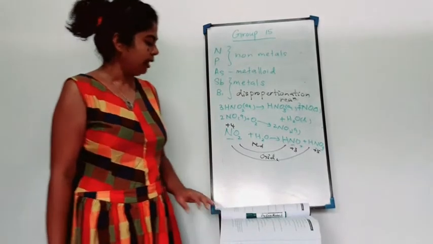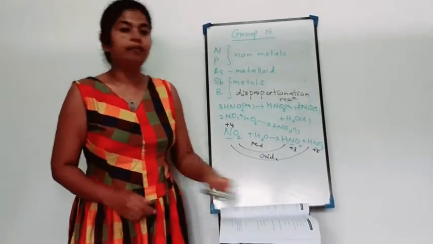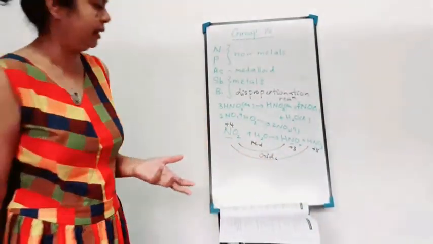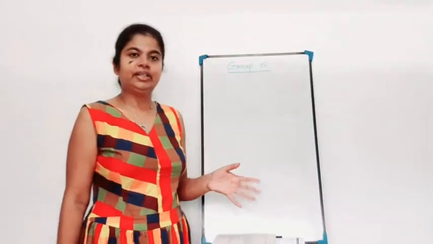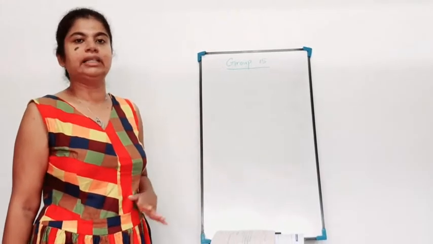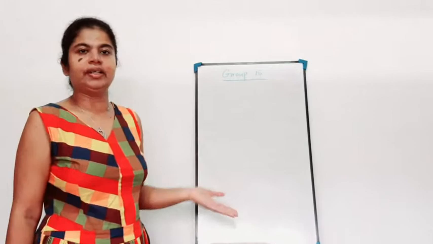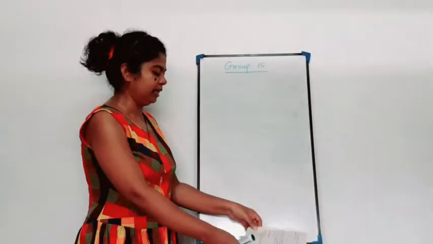Then we can talk about the reactions of nitrogen. HNO3, or nitric acid, is a very good oxidizing agent. Earlier we drew the HNO3 structure, so I think all of you can draw that.